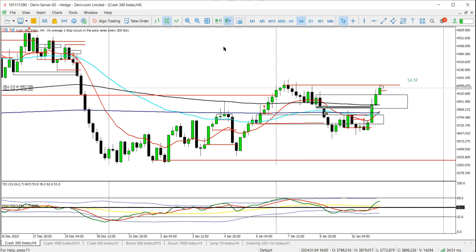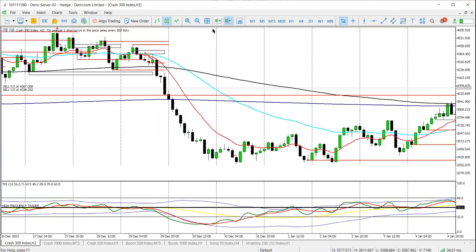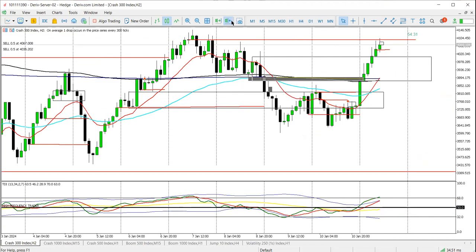That's H4. Let's just quickly check H3. So remember also when we're trading C300, we are quick to cut, right? Because this one can quickly eat up your capital. So we get that tap into that zone there, and we're anticipating that push down.